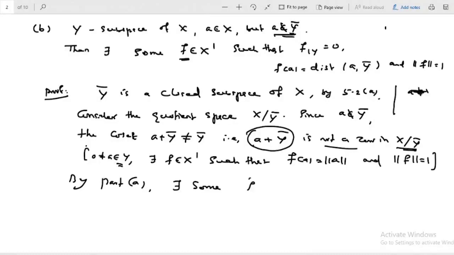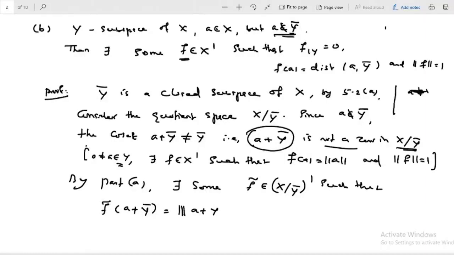There exists some F tilde in X by Y closure dash such that F tilde of A plus Y closure is norm എന്ന് പറയും. ഇവിടെ എന്ന് പറയുന്നത് A plus Y closure ആണ്. It is equal to norm of A plus Y closure. What is the norm here? A plus Y closure X by Y closure ആണ്. Quotient norm ആണ് നമ്മൾ ഡിഫൈൻ ചെയ്യുന്നത്. നമ്മളിവിടെ 3 വര ഉപയോഗിക്കുന്ന പോലെ നേരത്തെ ഉപയോഗിച്ചിട്ടുള്ള അങ്ങനെയാണ്.